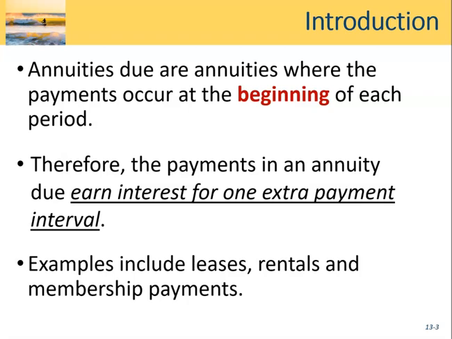If you decide to make payments at the beginning, then right at the beginning, a payment is made and there's money in there earning interest. Whereas an ordinary annuity, if the payment is made at the end of the term, then it doesn't have a chance to earn interest.